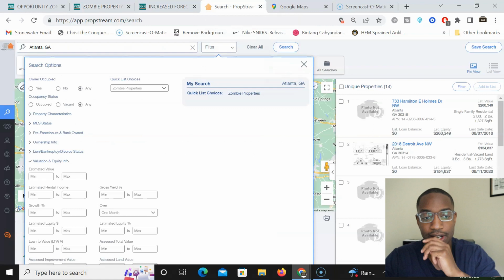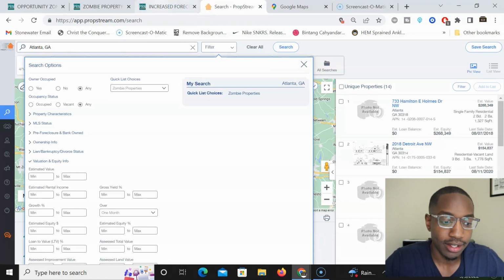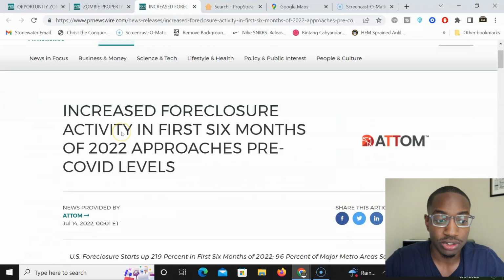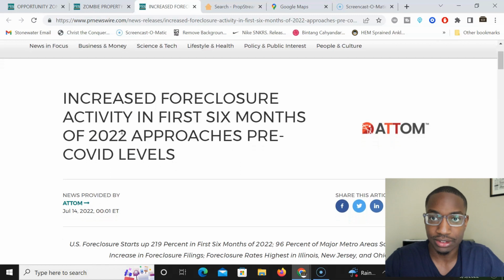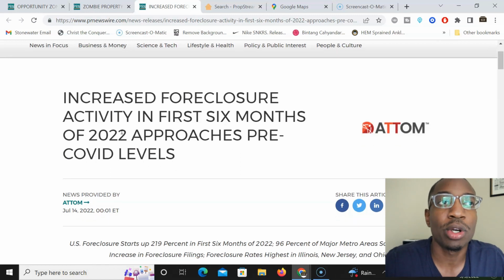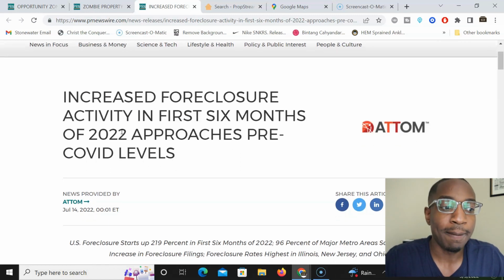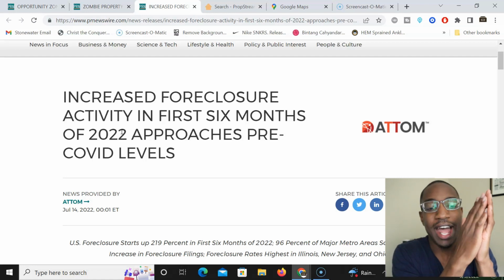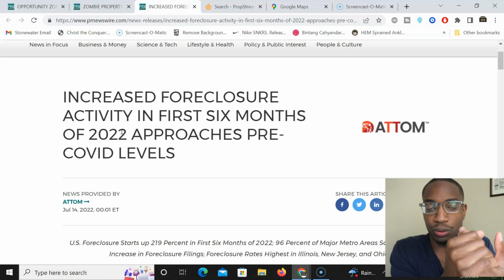Okay, the third and final list I want to highlight are just regular pre-foreclosures. So there's an increase in foreclosure activity in the first 6 months, and they approach pre-COVID levels. So that essentially means that we're going back to foreclosure normalcy, if that's a word, or is it normacy? I'm not sure. But we're just going back to normal rates.